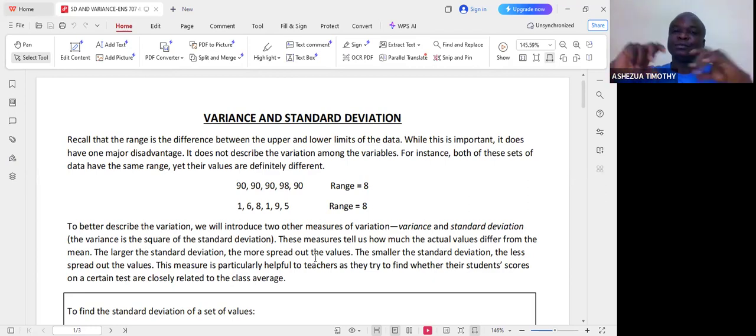If you want to know the deviation from the mean in a class, you deploy the use of standard deviation. You want to know how much the scores deviated from the mean of the class. If you check your children's report sheet, even your own when you were in primary or secondary school, the school will always write the class average. Once you know the class average, when parents look at their children's result, they'll ask, what's the class average?